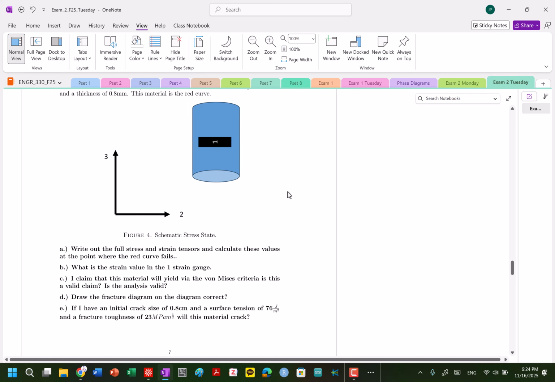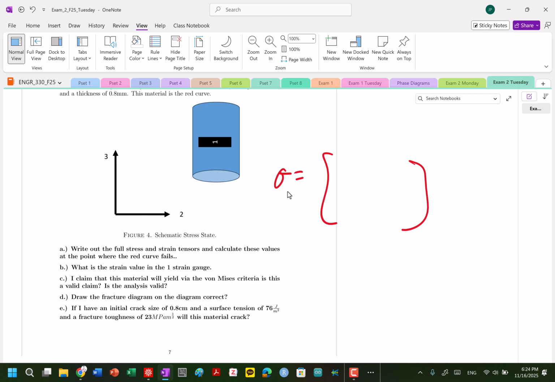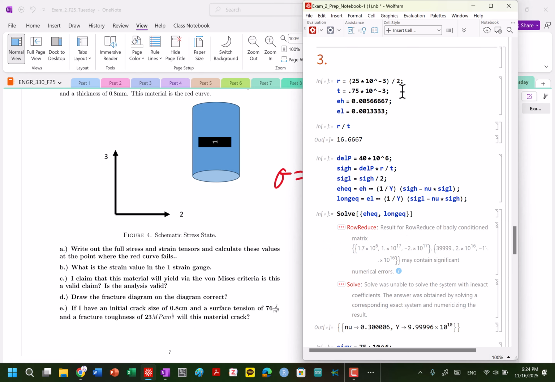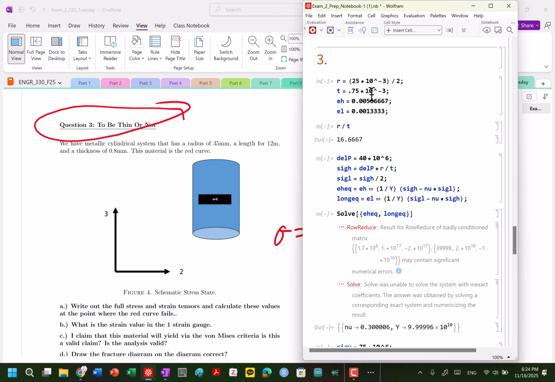So multiple ways we can approach this, assuming that we are indeed a thin wall pressure vessel. Our hoop is going to be in the 2. Our longitudinal is going to be in the 3. So I'm going to say that my radius is 35 times 10 to the minus 3.